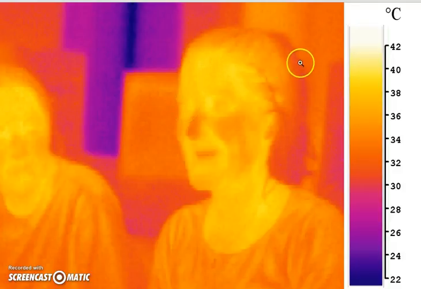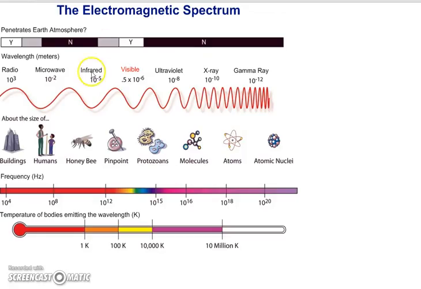Maybe you've gone through airport security where they test to see if you have a fever and your temperature is up around here, they'll start to see white. That's what that's about. They're using an infrared camera to get a measurement of your body temperature. So you see these things in the background, the wall, much cooler than our bodies, the environment usually is. So that's just infrared. Less energy than the next one, which is visible light.